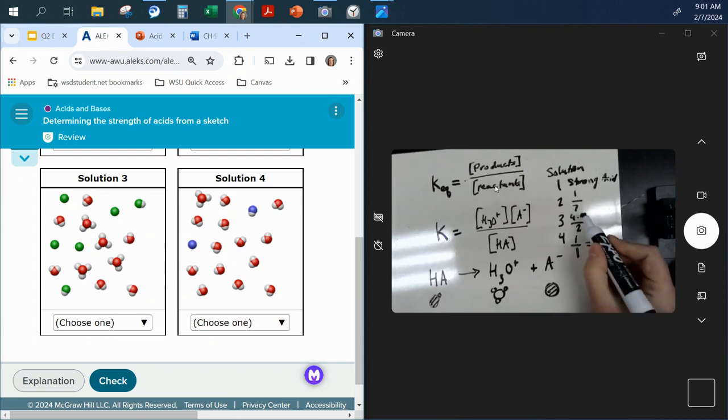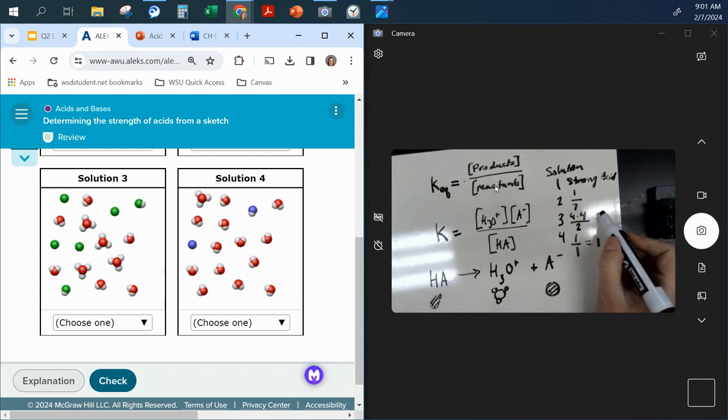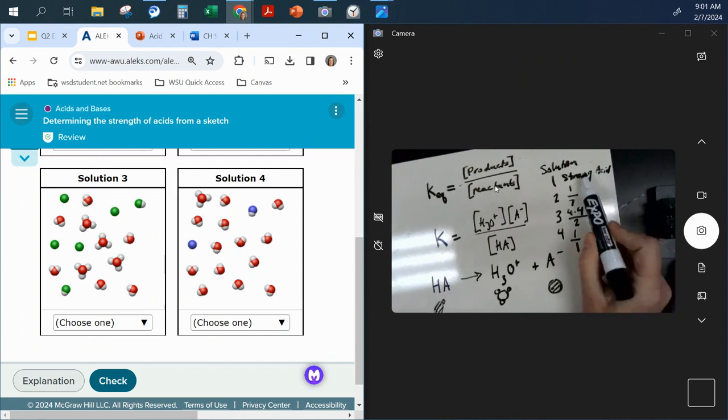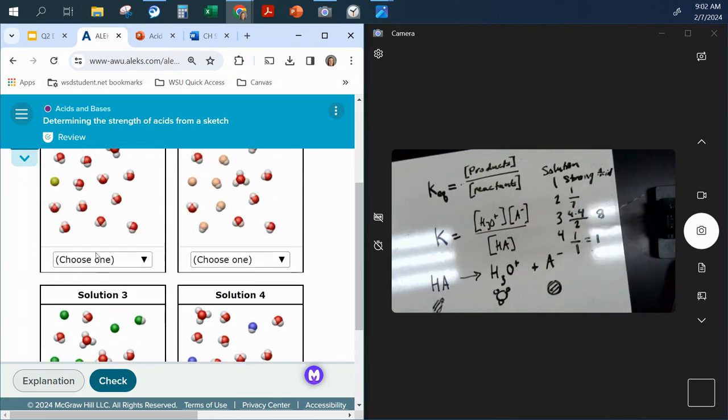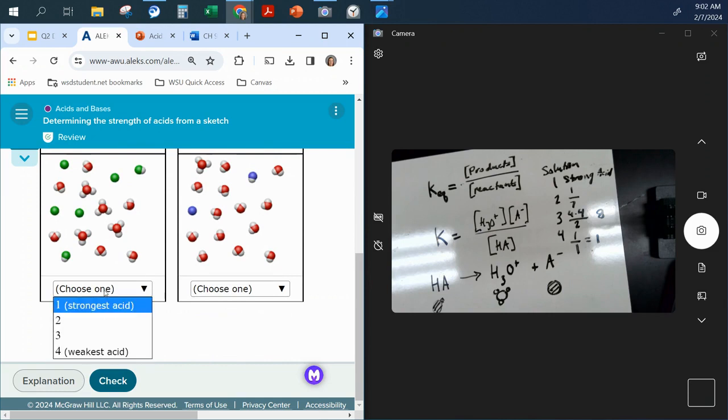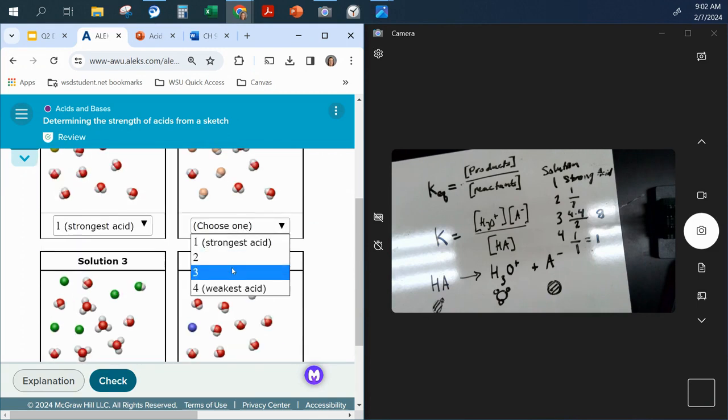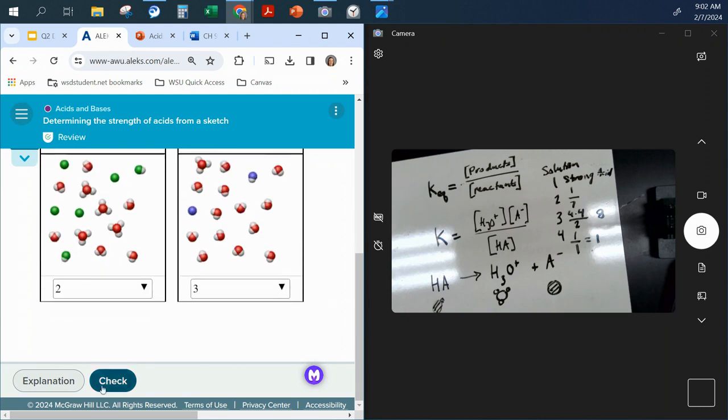This one is 4 times 2 is 16, divided by 2 is 8. So this is the strongest acid because there is no original acid left. This one is going to be the strongest acid, and then this has an 8, so that's going to be the second strongest acid. Highest to lowest. And then 1 is bigger than 1/7, so that's third, and then 1/7 is the smallest, the weakest acid.